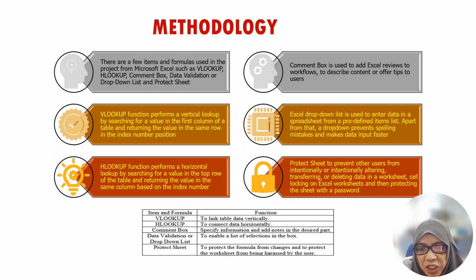And for protecting the sheet, to prevent other users from intentionally or unintentionally altering, transferring, or deleting data in the worksheet, we lock the cells of the Excel worksheet and then protect the sheet with a password.